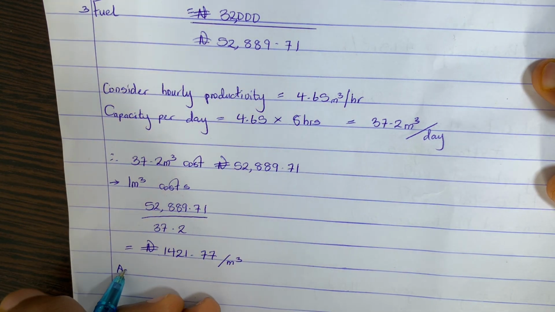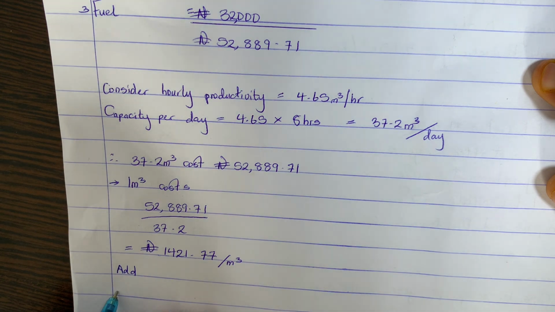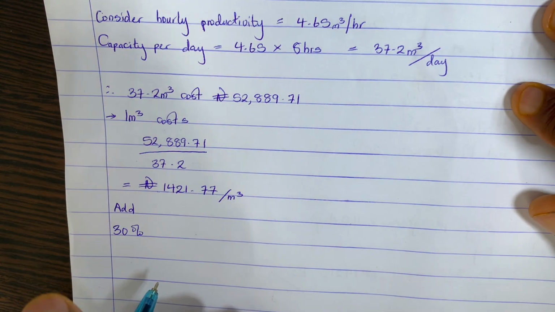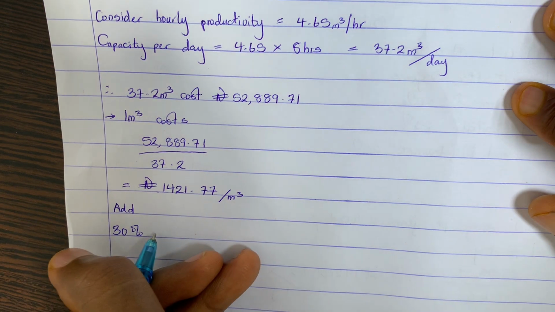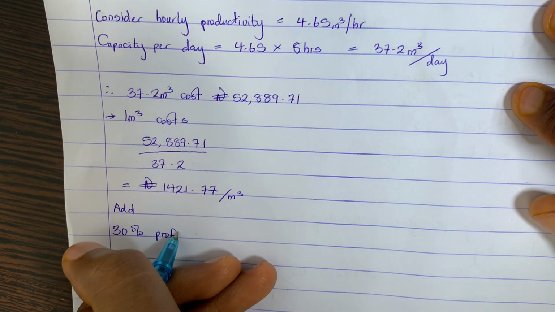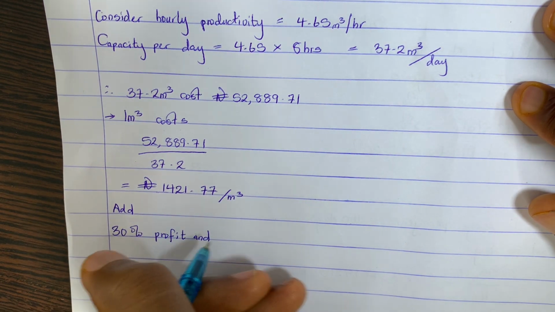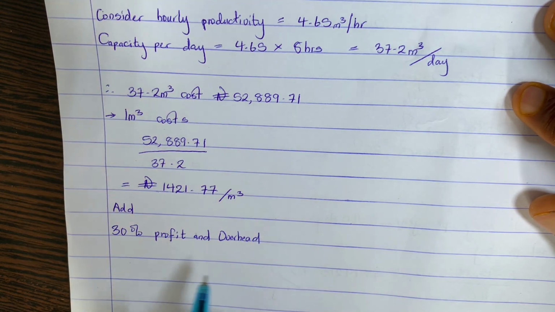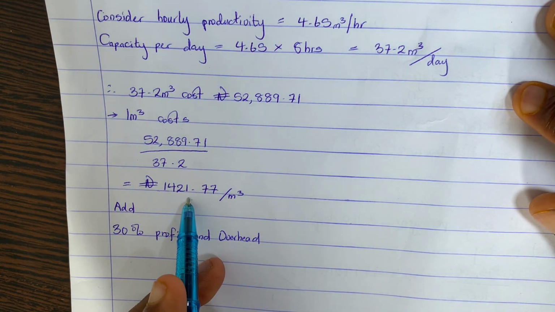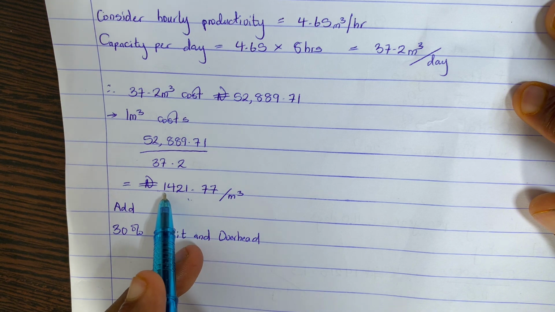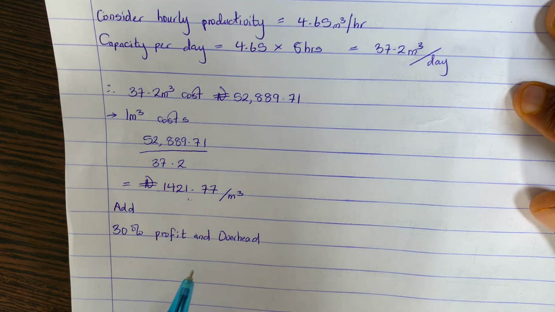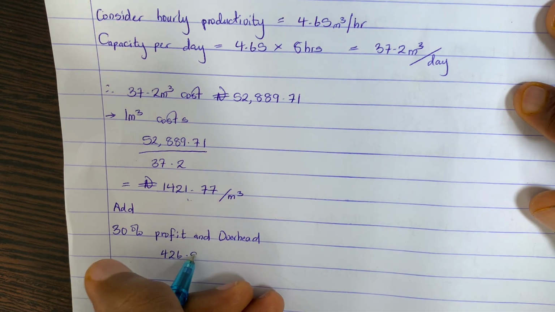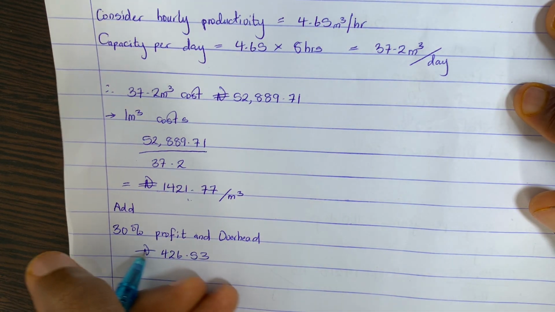So we now have to add our profit and overhead. Let's just say in this case we add 30% profit and overhead. So 30% of this particular price, that's of 1,421.77, is going to give me 426.53 naira.